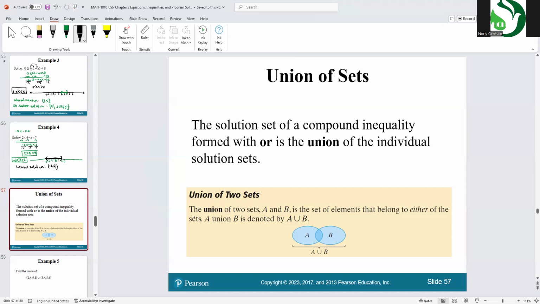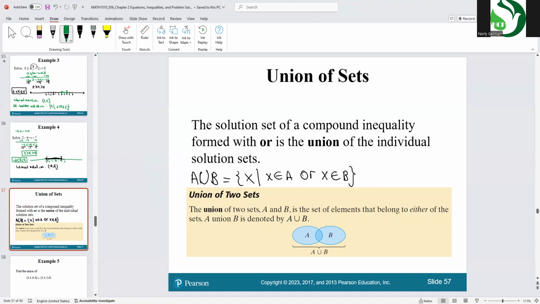So if I want, I can rewrite A union B, you see the symbols, as x such that x is an element of A, or remember, I don't say and. I don't say and. I say or x is an element of B. Or, okay, so it's either one.